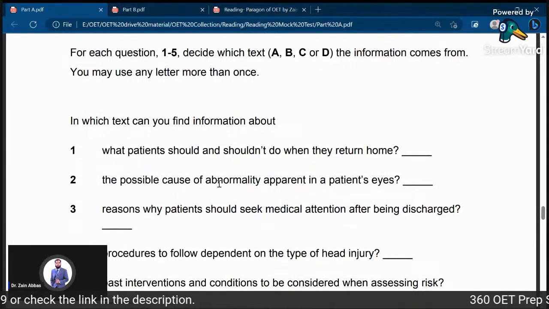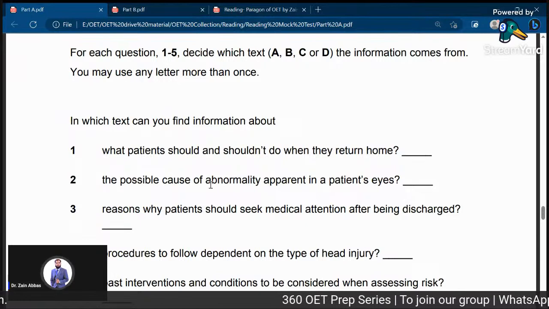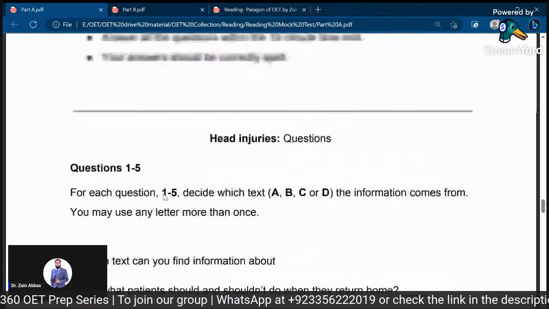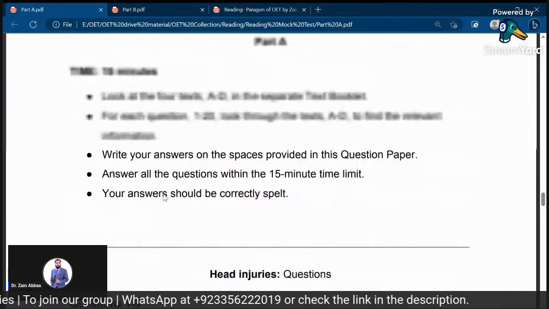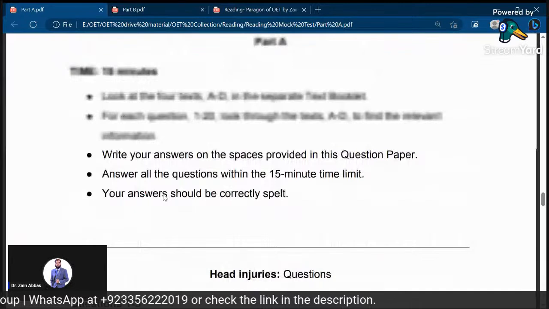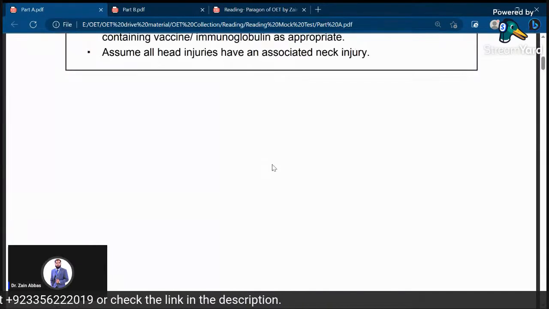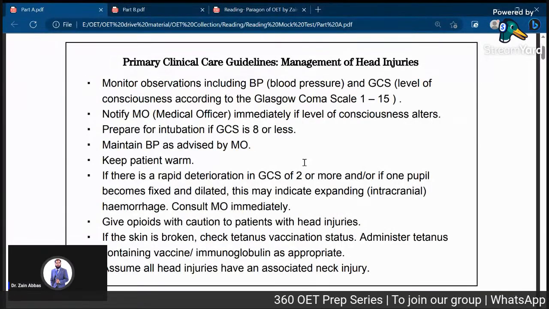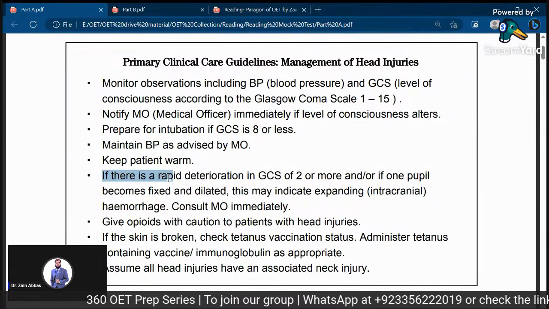Then the possible causes of abnormality apparent in the patient's eye. So this is about the cause. The cause of the disease is obviously mentioned in the first one, because the next one is about different other risk factors. So the first one is the management of the head injuries, and here we have different causes mentioned. You can see in this paragraph, if you look deeply.